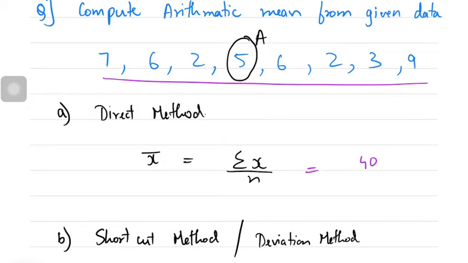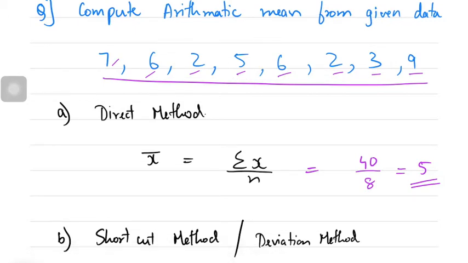I have calculated it is 40. And n is number of items. So my number of items are 1, 2, 3, 4, 5, 6, 7, 8, which is 8. So 40 divided by 8 is 5.